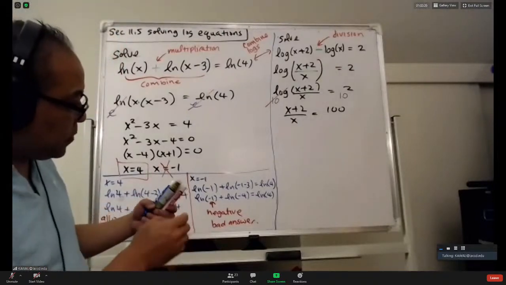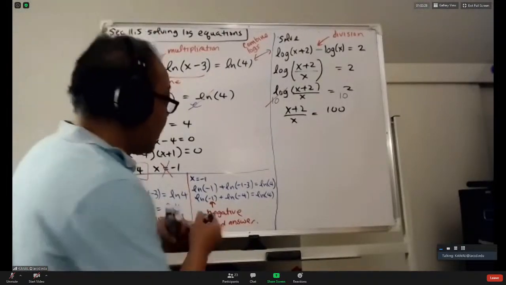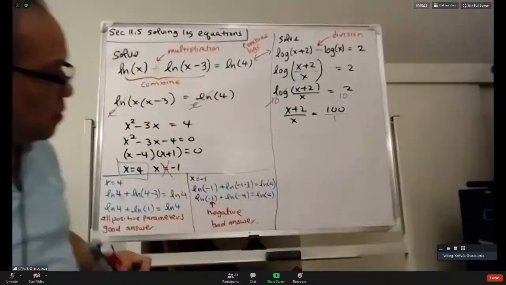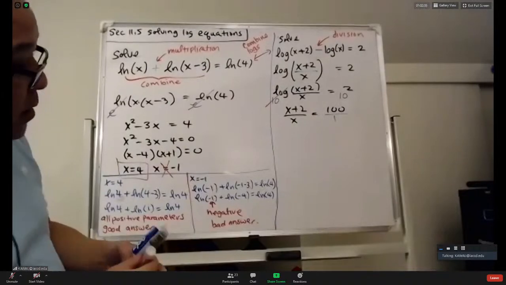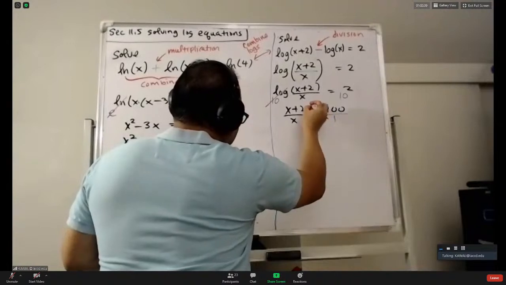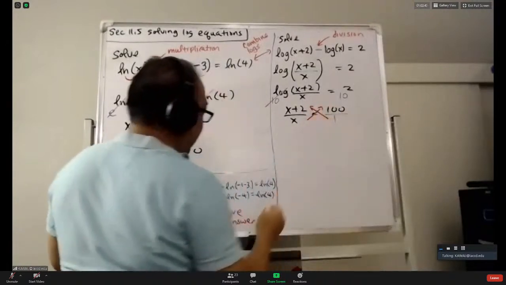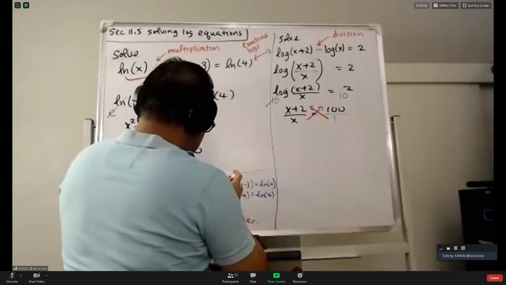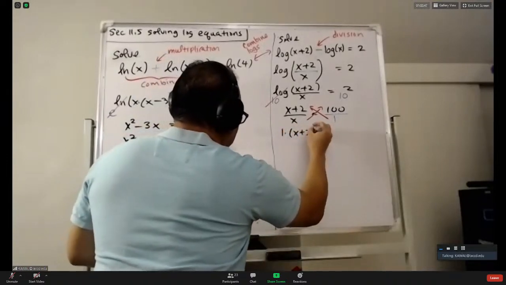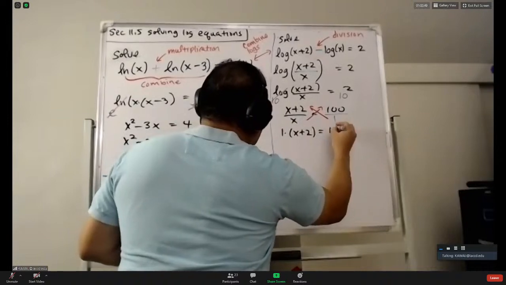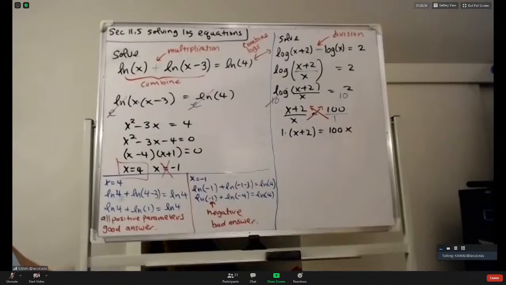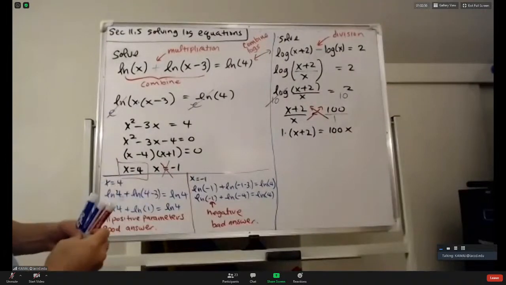The way you solve this problem is that this 100, think of it like a fraction. So what you want to do is cross multiplication. This times this is equal to that times that. So you're looking at 1 times (x + 2) is equal to 100x. We call that cross multiplication.